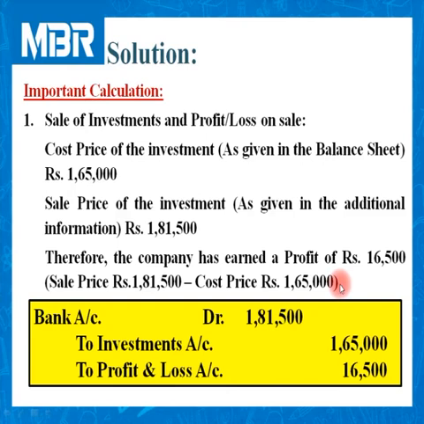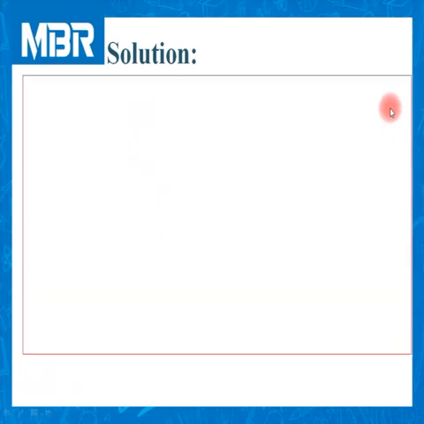So with this entry, the process of selling the investment comes to an end. This is an additional transaction, but it plays an important role at the time of calculation of the closing balance that we need to maintain as per the information available in our question.